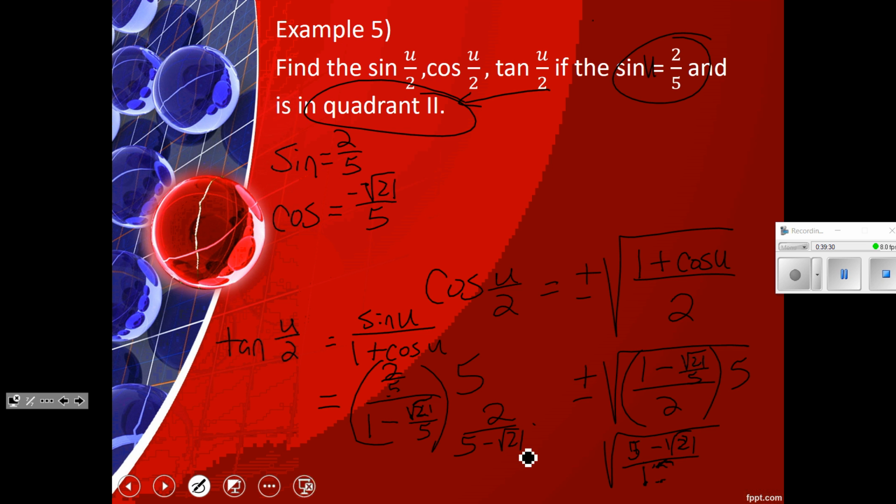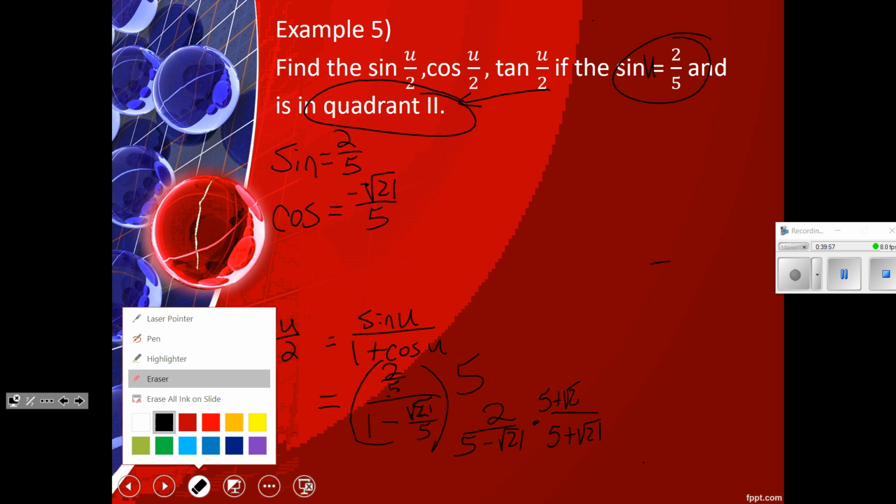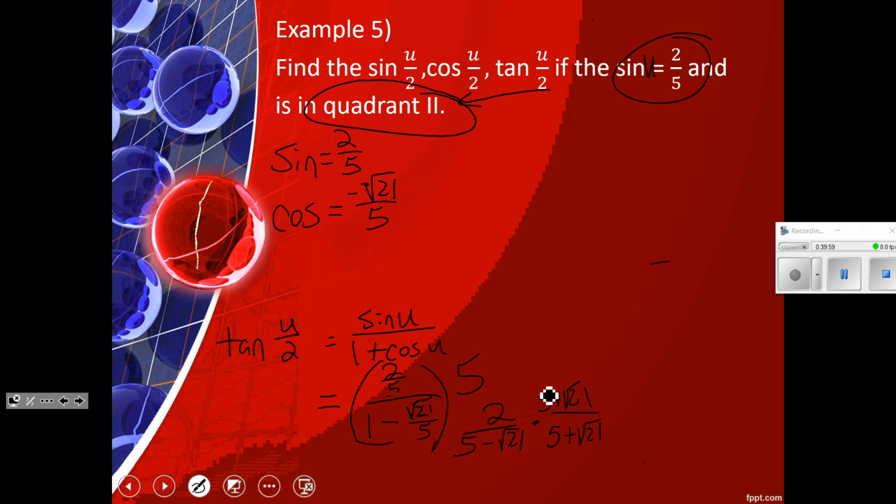But then you need to rationalize it. So you need to times by 5 plus the square root of 21 in the top and the bottom. Let me erase some of this. So I'm going to distribute here.